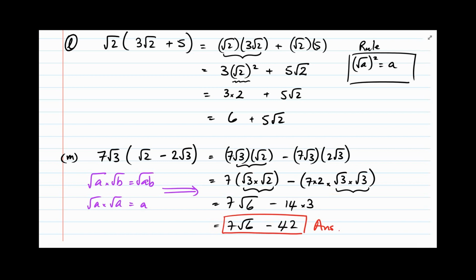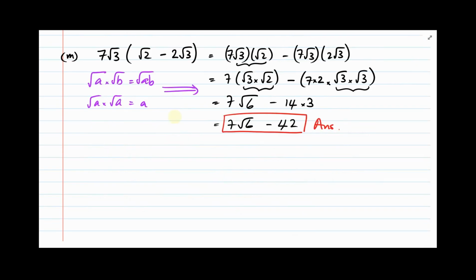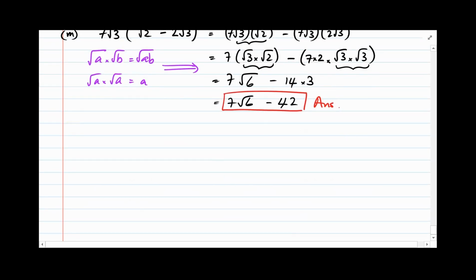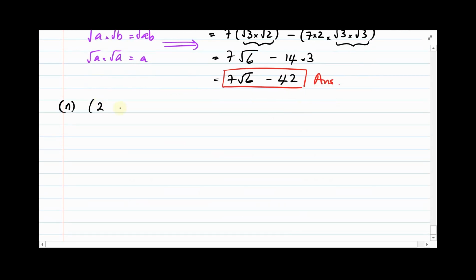All right, now anything that we could do with our binomials, so I've done the distributive property, I can do with these surds. So let's continue. Again, hopefully, if you're getting tired, just pause this as we practice. And so let's say that I have 2 plus root 3 and 3 minus 5 root 3.